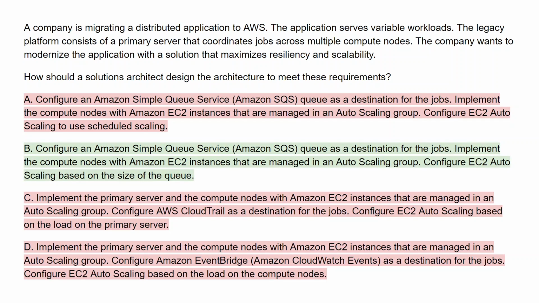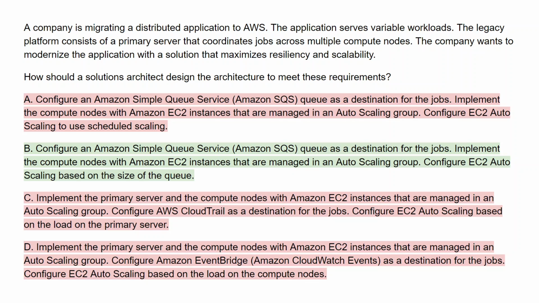B. Configure an Amazon Simple Queue Service queue as a destination for the jobs. Implement the compute nodes with Amazon EC2 instances that are managed in an auto-scaling group. Configure EC2 auto-scaling based on the size of the queue. This solution is correct because, first of all, it configures an Amazon Simple Queue Service, a message-based service, effectively modernizing the application and decoupling it.